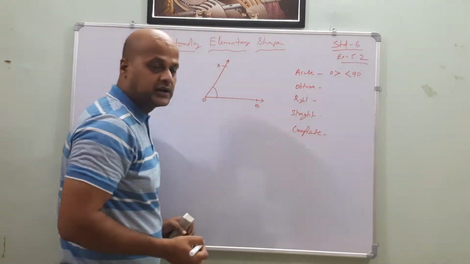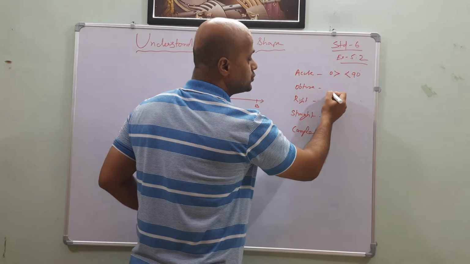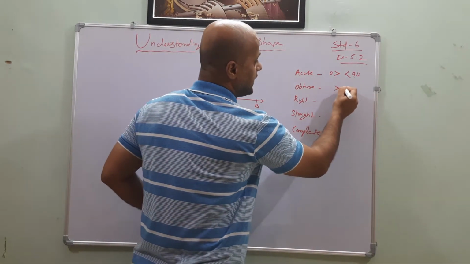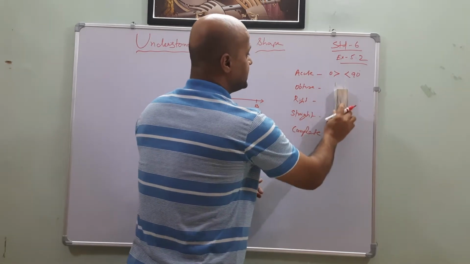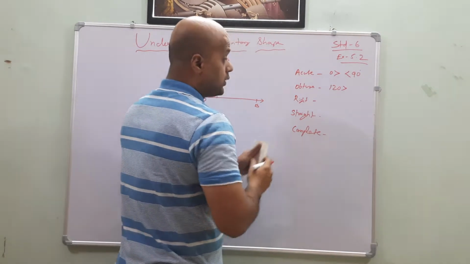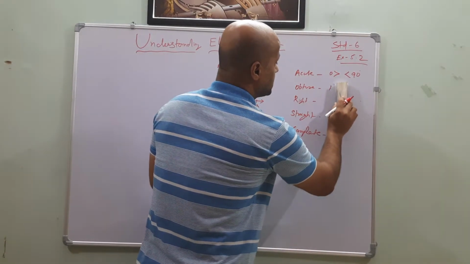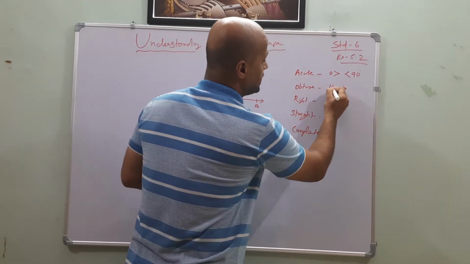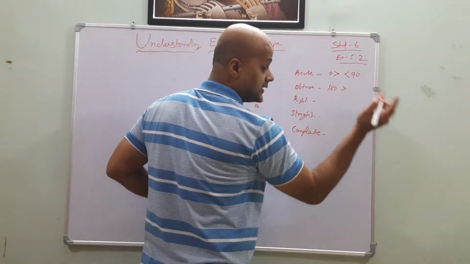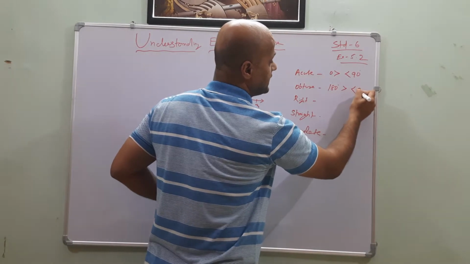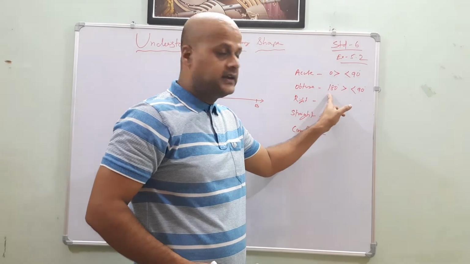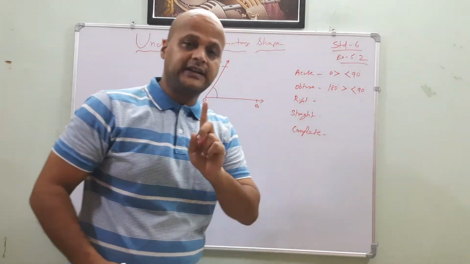Obtuse angle means what? An obtuse angle is greater than 90 degrees but less than 180 degrees.